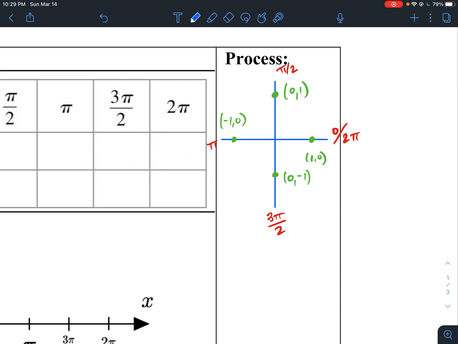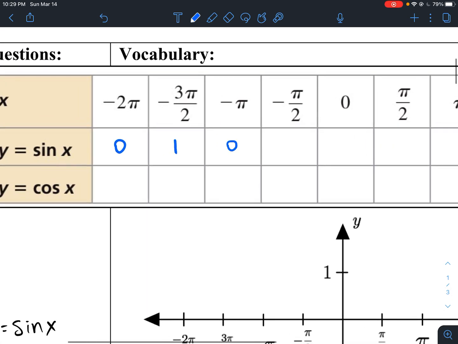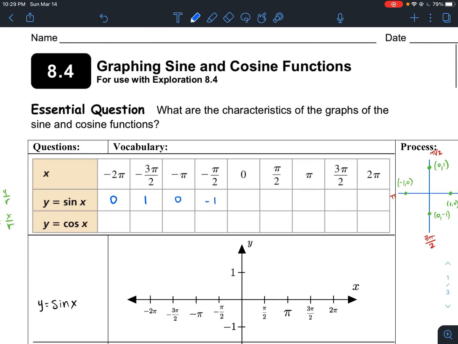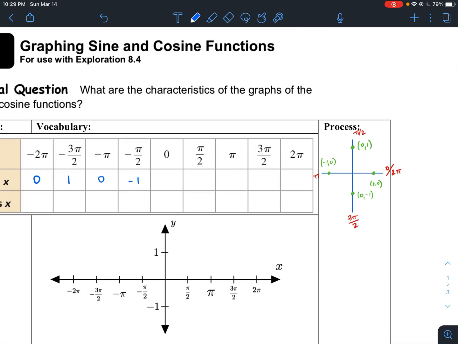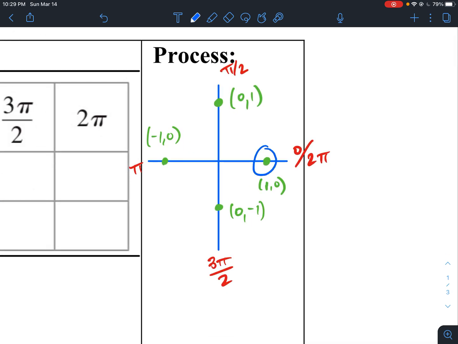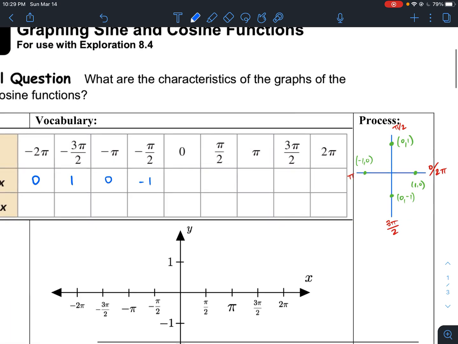So my y is negative 1, and so this would be negative 1 over 1, or just negative 1. Alright, now let's do sine of 0. 0 would just be at this point right here. My y at that point is 0, so 0 over 1, which would be 0.